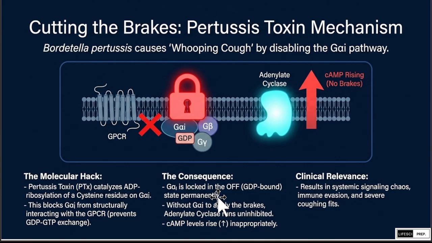Due to that, it can't stop the adenyl cyclase or further cAMP and PKA. Due to that, the adenyl cyclase amount increases, cAMP increases, and that causes whooping cough, or we can say pertussis toxin. And this is caused by ADP ribosylation of the cysteine residue on G alpha I.